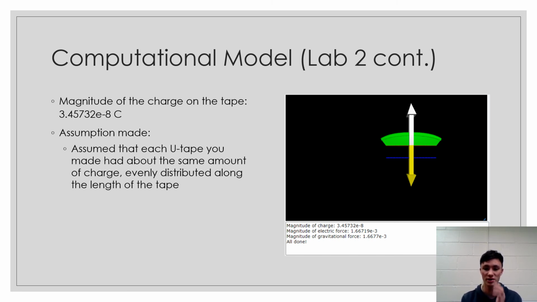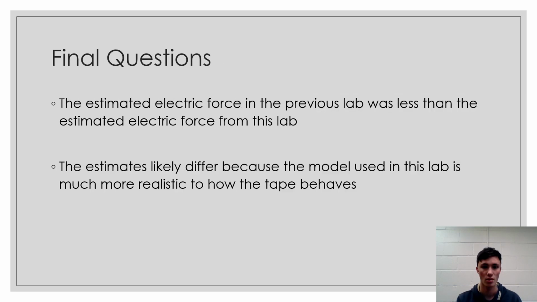This is probably because a lot of the electric fields cancel out with each other due to the superposition principle for electric fields. So it leads to the total charge of the tape being much greater to achieve the same force as if the tape was just a point charge.